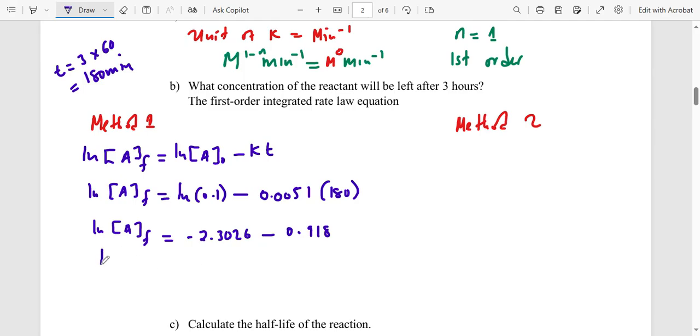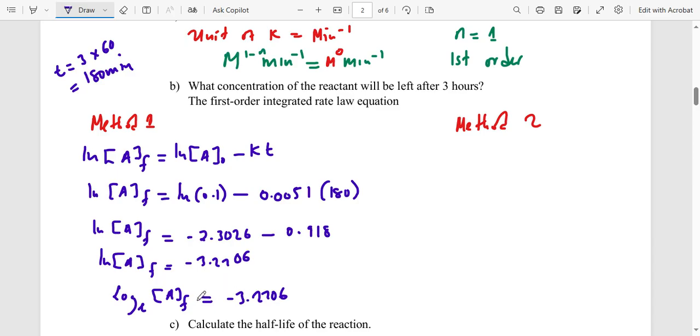So we're going to have natural log of the final concentration being equal to negative 3.2206. But remember, natural log is a log in base e. So this is the same as log in base e of the final concentration, and that will be equal to negative 3.2206.